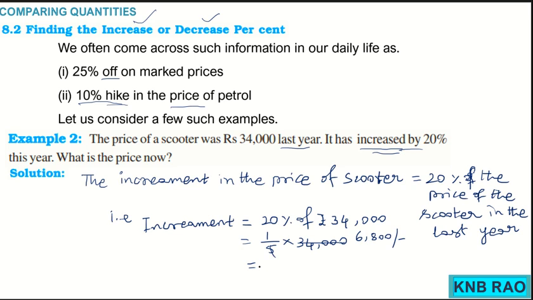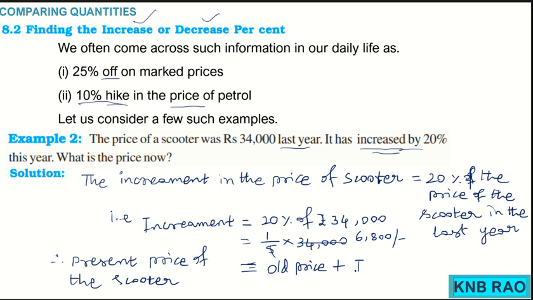Now, if I know the increment, the final price, therefore present price of the scooter, that means this year's price of the scooter, is old price plus increment, which gives 34,000 added to 6,800.